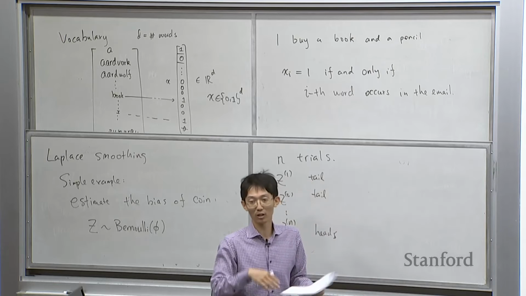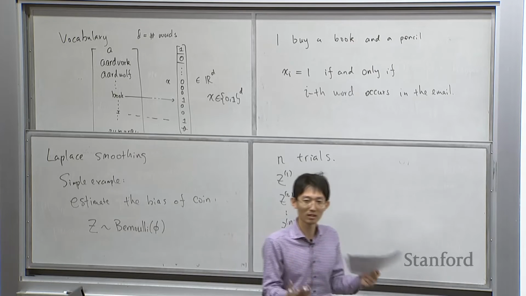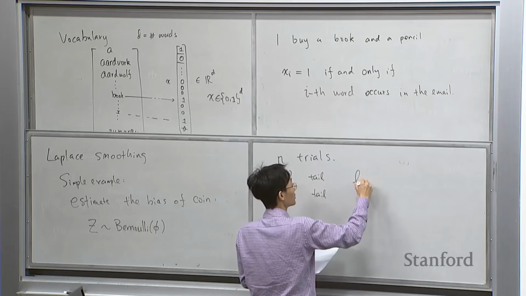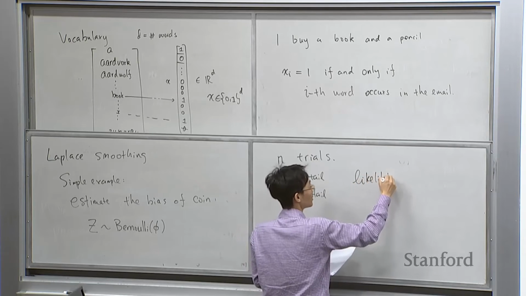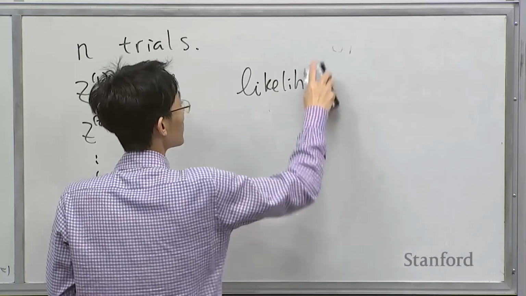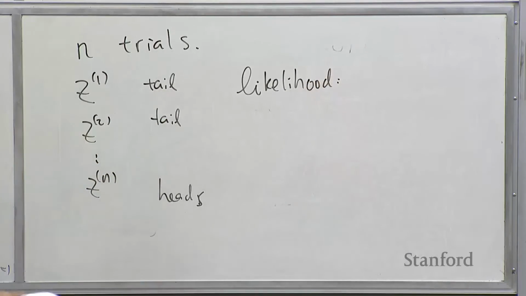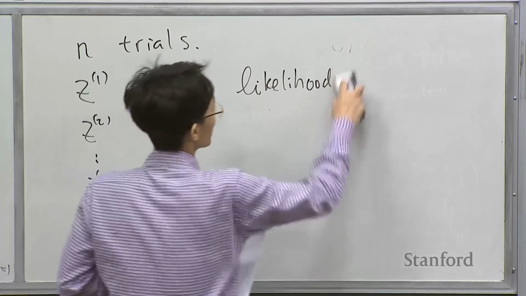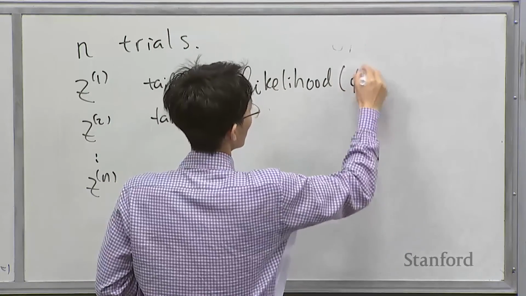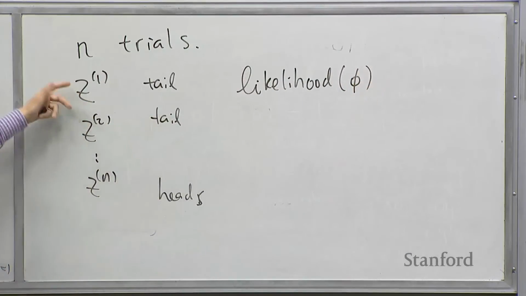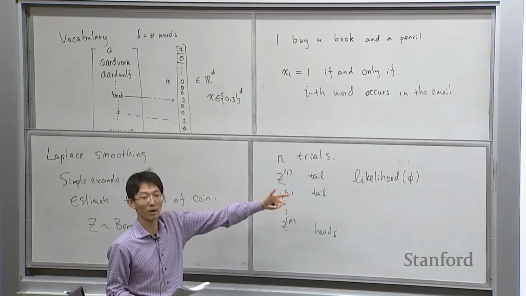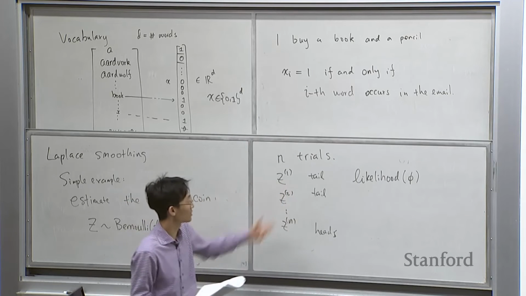If you follow our general principle, we try to write out the likelihood. So what is the likelihood? The likelihood of the parameter phi is the chance to see this data set given the parameter phi.